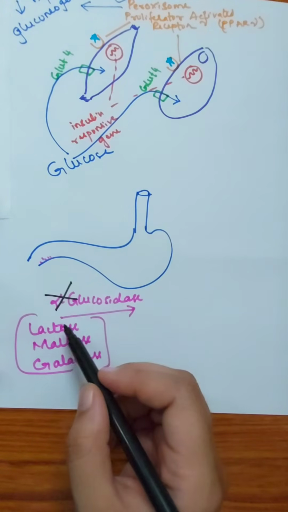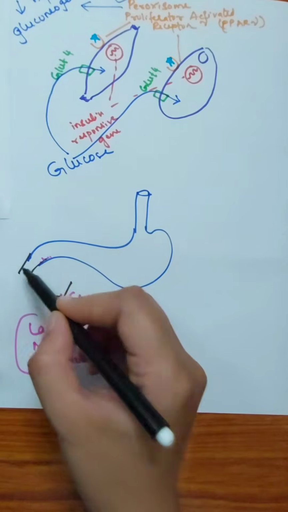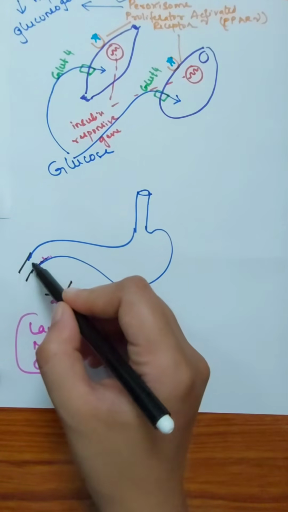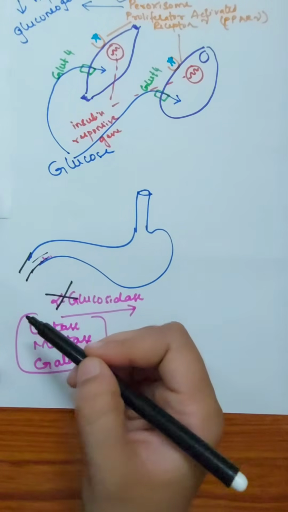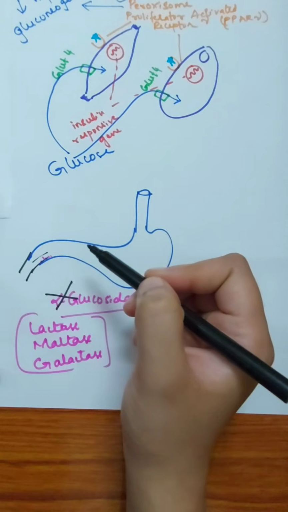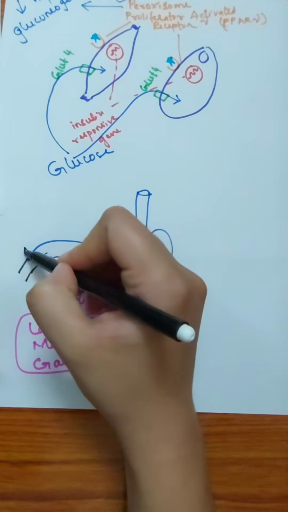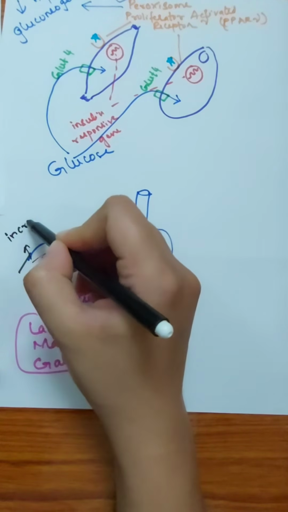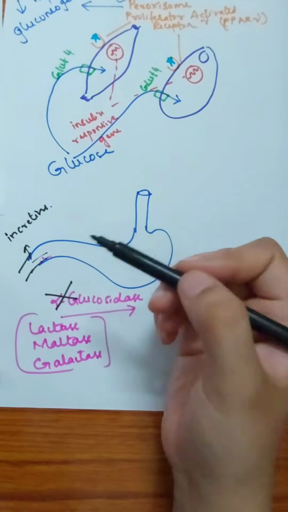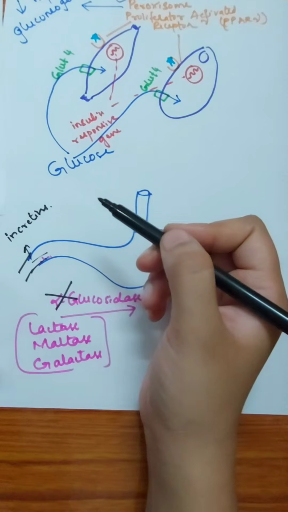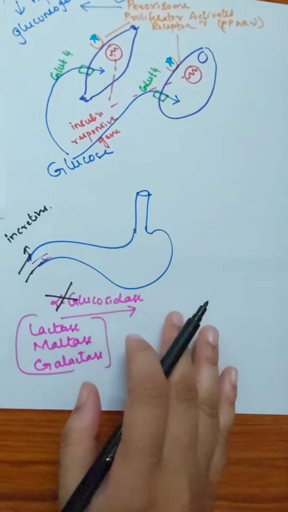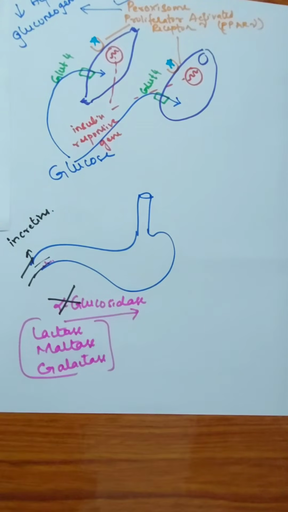Now when we are inhibiting this enzyme, lactose, maltose, galactose and all the other carbohydrates will be present in our gut. And you know, when these carbohydrates are present in our gut, then what will be synthesized? Yes, from our gut, ingredients are synthesized, ingredients like GLP-1 are released. So it is the response to this inhibition of alpha glucosidase.